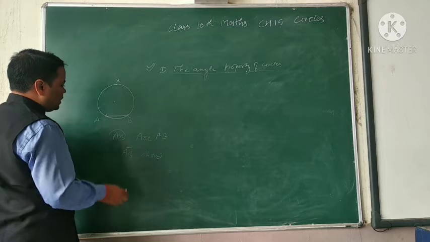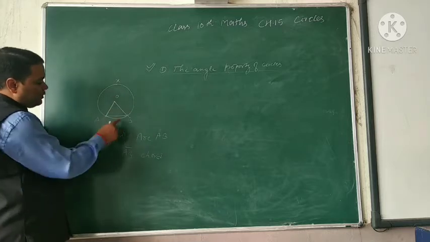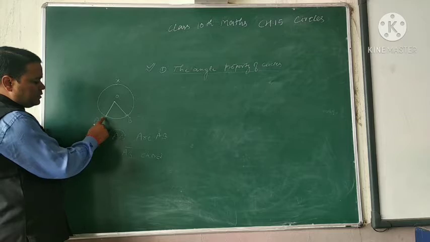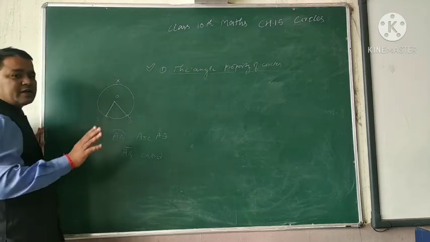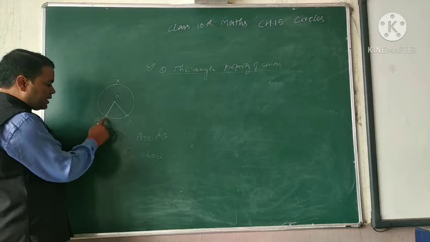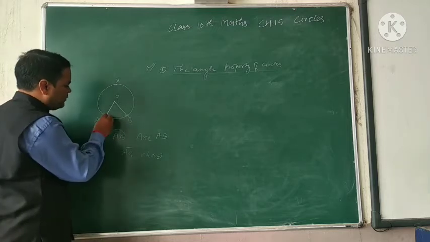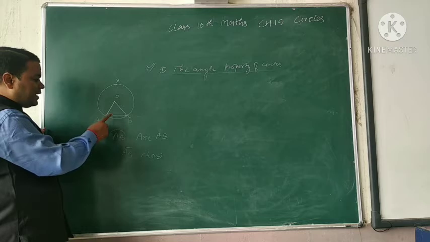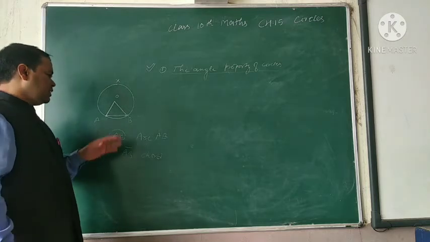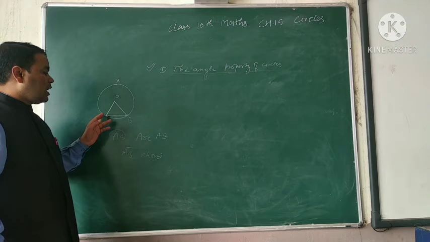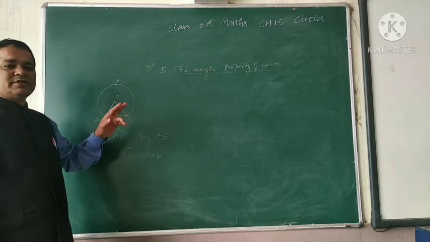Now, if we join OA and OB, then we can say that arc AB makes an angle AOB at the center of the circle.